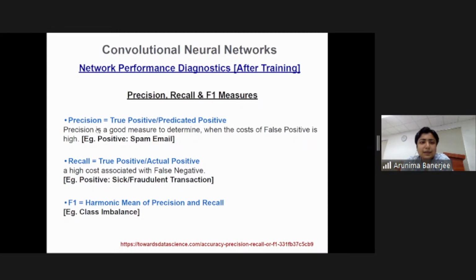These metrics are useful in various situations. Precision is useful when the cost of a false positive is high. For example, spam emails. Suppose I am developing a neural network to detect spam emails, right? At the end of the day, it is a machine. It will not do a 100% right job.